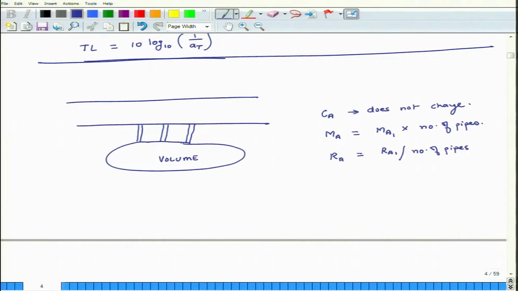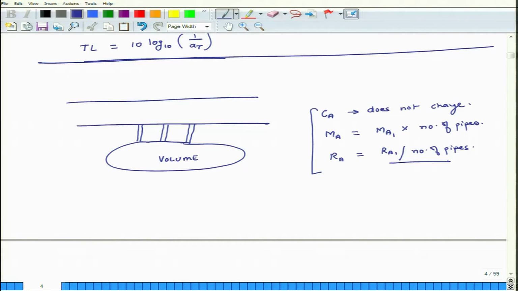This is just the inverse, because the units of acoustic resistance in this mathematics are actually inverse of the actual resistance. So, that is why we divide it by the number of pipes. This is important to remember.